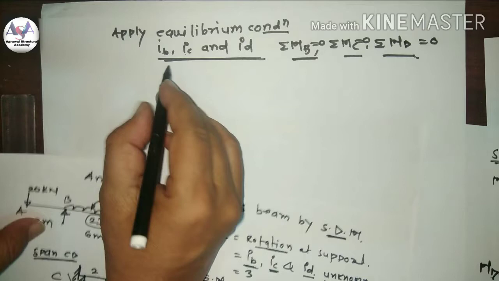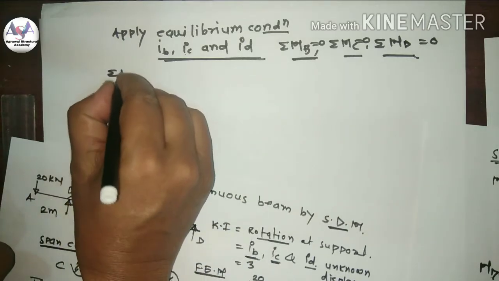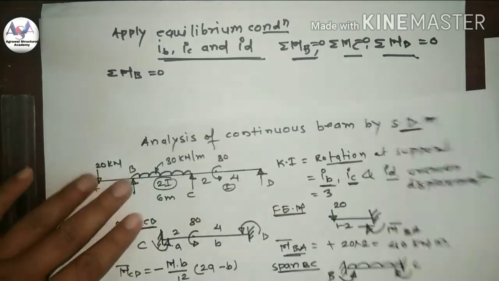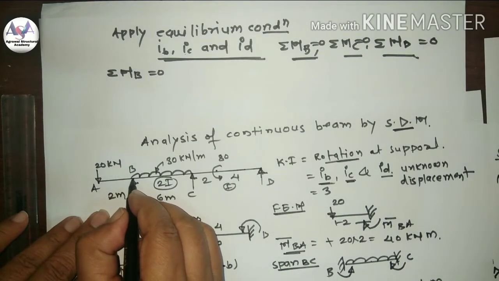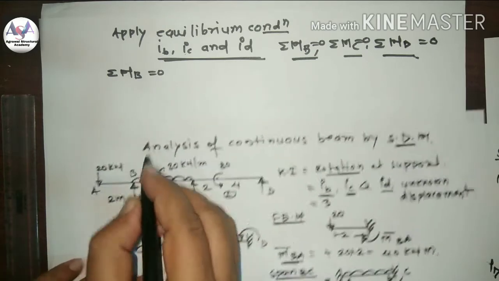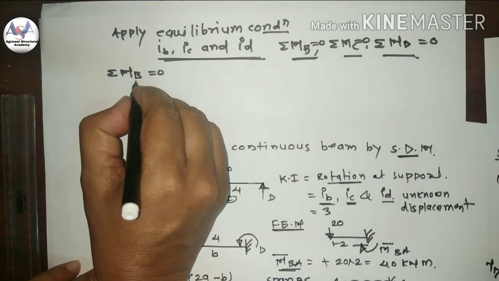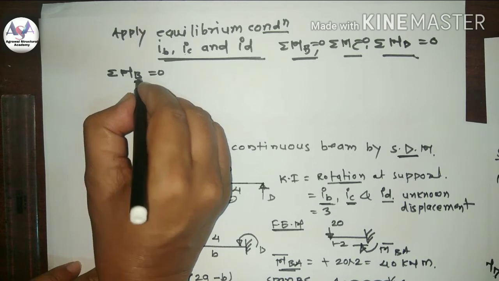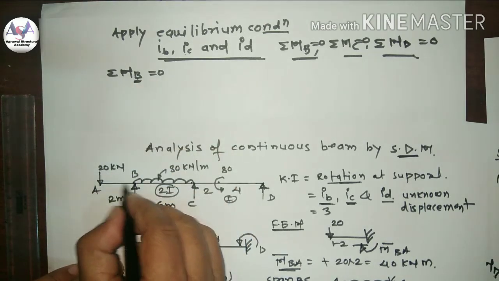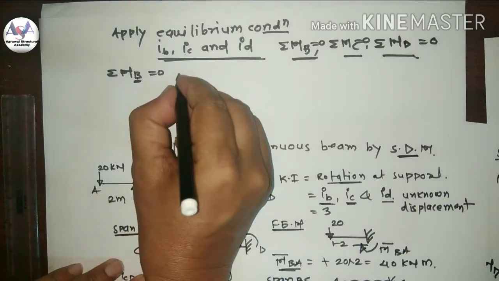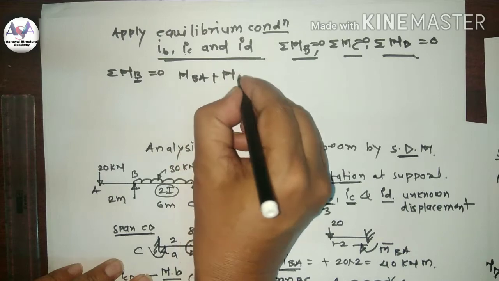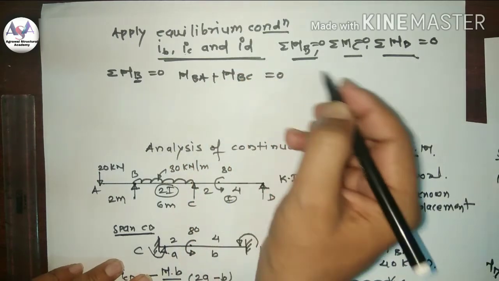So now if you take sigma MB is equal to 0, at B, how many members are joined? BA and BC. So if the condition is sigma MB, always take the starting point B, then B to A and B to C. So MBA plus MBC is equal to 0.